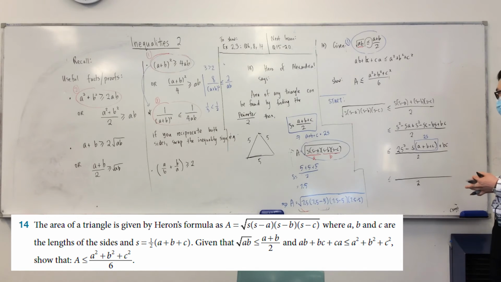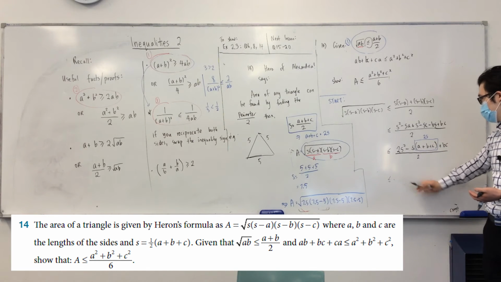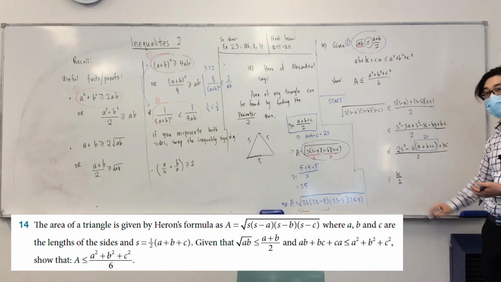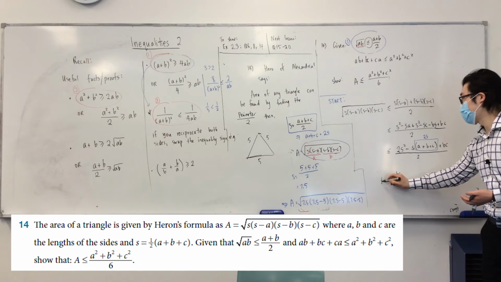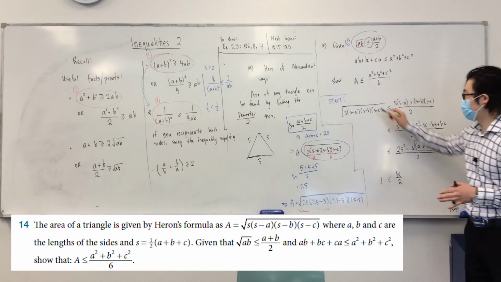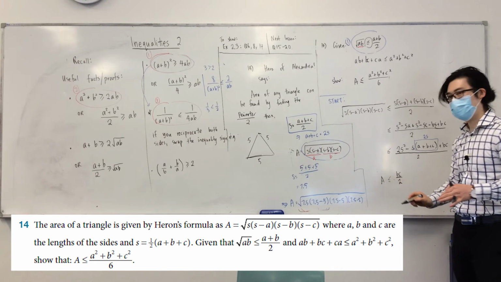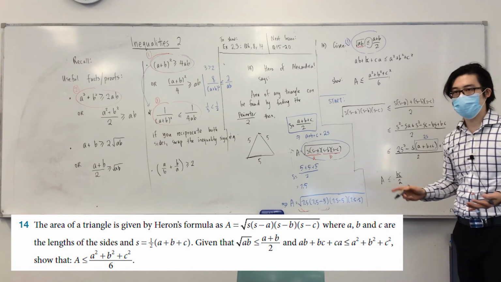So then what do I get? 2S squared, take away that times that is 0. So what am I left with? Just BC over 2. So right now what I have, or, this is another tricky part, just replace it with A. Yeah, because that is the area.